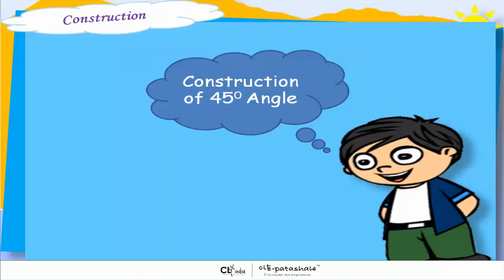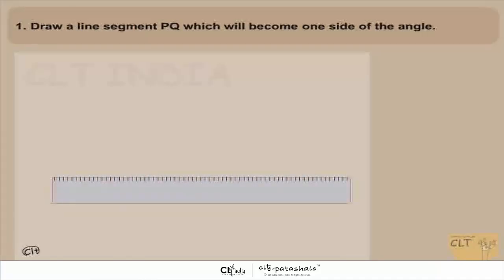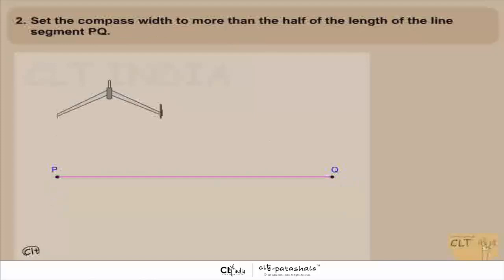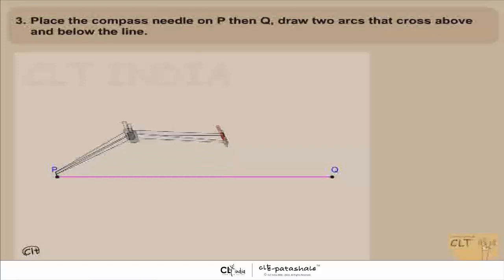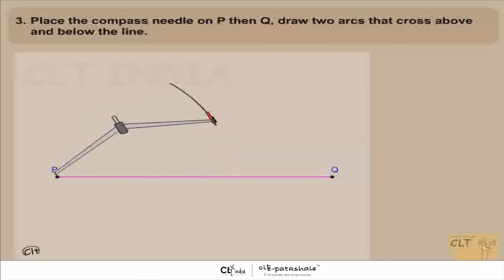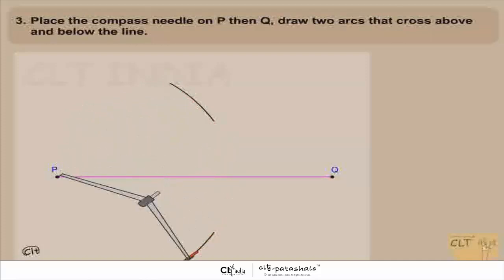Construction of 45-degree angle. Draw a line segment PQ which will become one side of the angle. Set the compass width to more than half the length of the line segment PQ. Place the compass needle on P, then Q. Draw two arcs that cross above and below the line.